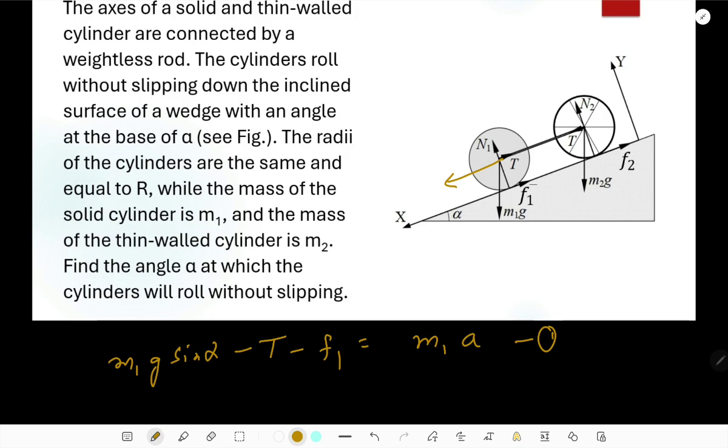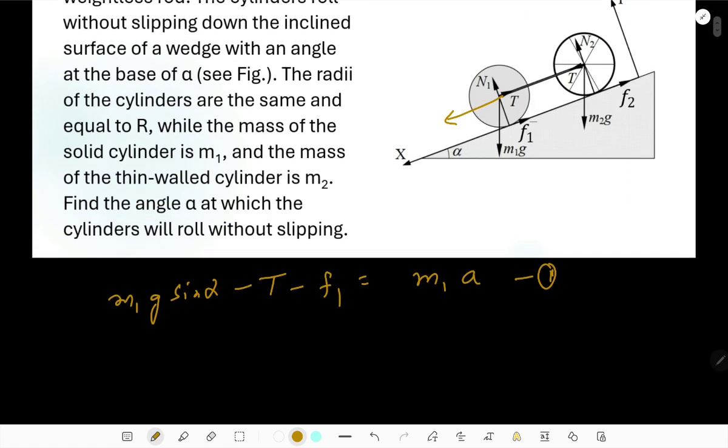Simple things first, difficult things come later. And so we can also write the equation of motion of the center of mass of the hollow cylinder along the x-axis. This is M2g sine alpha, that is the projection of M2g along the x-axis.